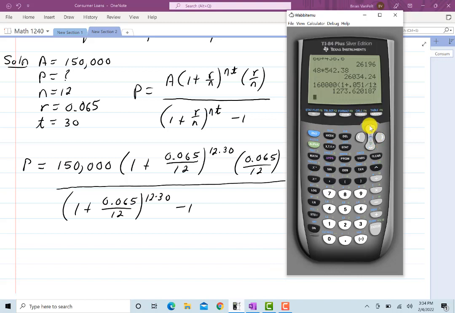I will, of course, bring up my previous work and work my way backwards. It looks like in the denominator I'm going to have to change the 180 to 360. So I can just change the 18 to 36 and it will overwrite it. The 0.051 I now want to be equal to 0.065, so I'll change my 5.1 to a 6.5.